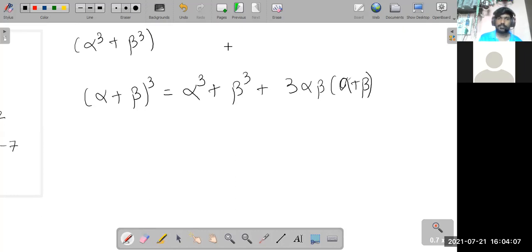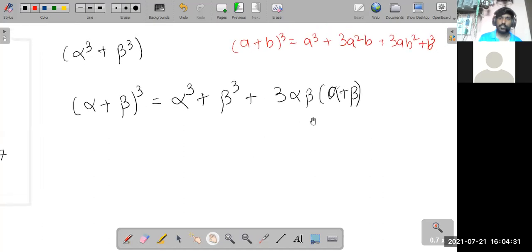You must have studied this formula like this, I think. A plus b whole bracket cube is a cube plus 3a square b plus 3ab square plus b cube. You must have studied this formula like this, but both of these formulas are one and the same.